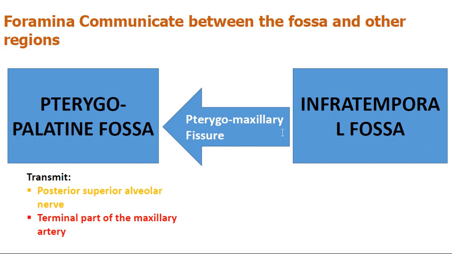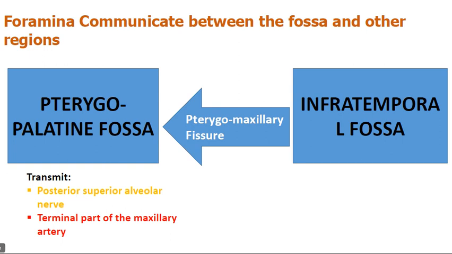The coming slides will explain the relations of the pterygopalatine fossa with the regions around it. For example, the pterygopalatine fossa has communication with the infratemporal fossa, which lies more external, more lateral, through what is called the pterygomaxillary fissure, and this fissure will transmit the posterior superior alveolar nerve and parts of the maxillary artery from the infratemporal fossa through the fissure and then into the pterygopalatine fossa.